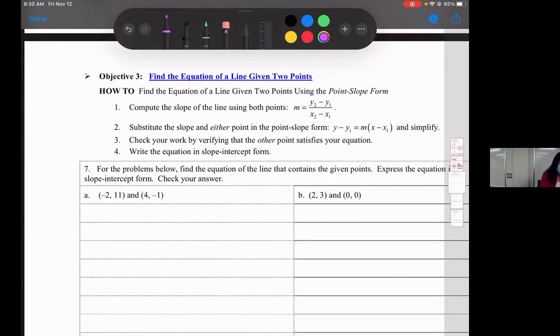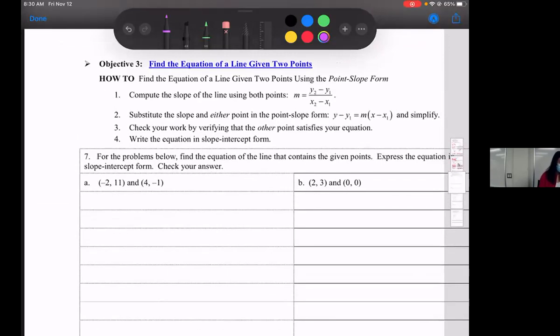All right, objective 3, given 2 points, you have to find the slope on your own, which is not too bad. If I give you 2 points, you know how to find the slope, right? Use the definition of the slope: m equals difference of y divided by difference of x.